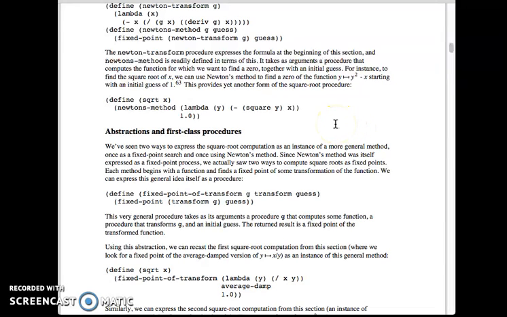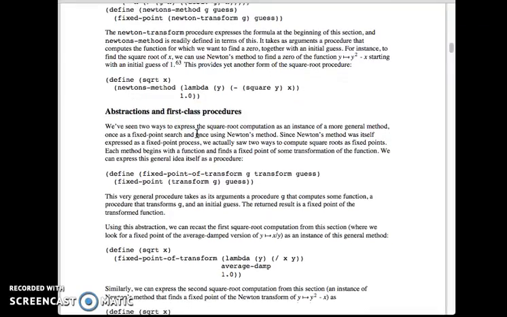This provides yet another form of the square root procedure. Define square root of x to be Newton's method with input lambda y, y squared minus x, and 1, the procedure that takes input y and computes y squared minus x, starting at 1 as our first guess.